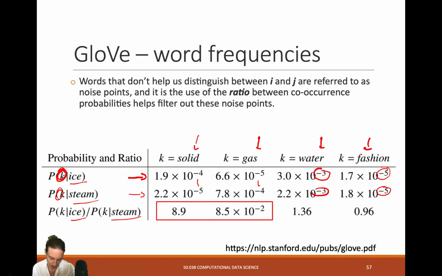Now, the ratio basically explodes when we're looking at solids, meaning that ice and solid are way more related than gas and ice, for instance. Because this is a very low ratio, again, which indicates that gas and ice are sort of opposite or not related.